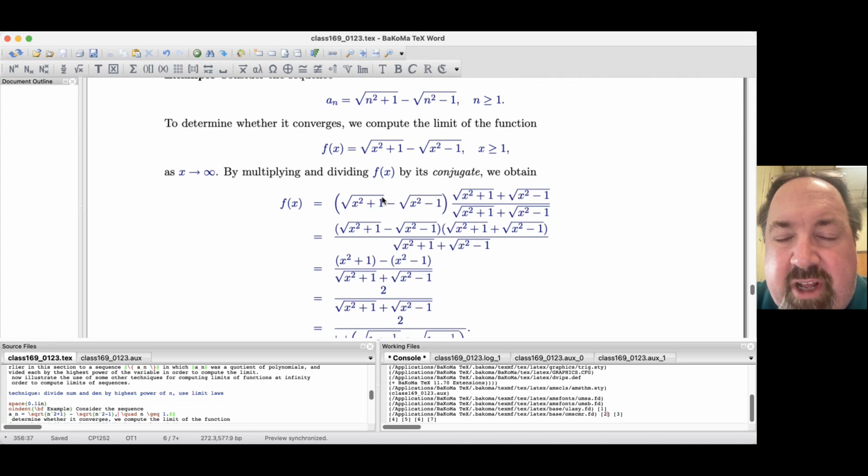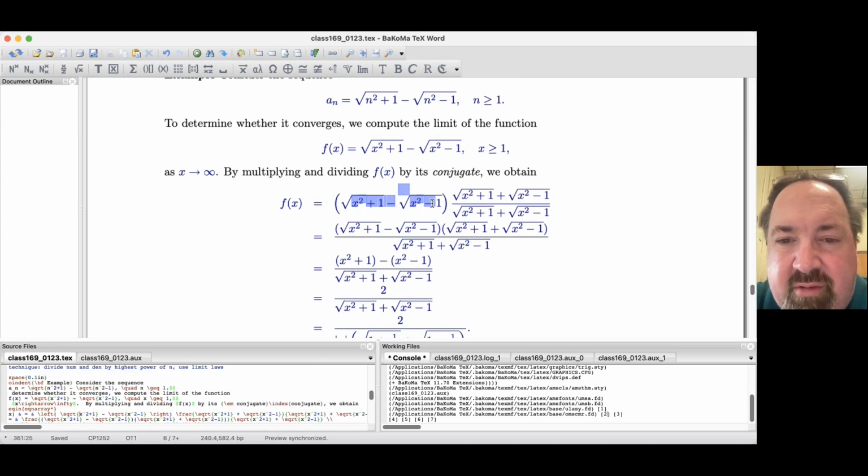What you do is you multiply and divide by the conjugate. So the conjugate is obtained by replacing whatever sign you have in between with the opposite sign. So we have the sum of square roots here to go with, as opposed to the difference of square roots here. And you have to keep the overall expression the same, so you must multiply and divide by the same expression.